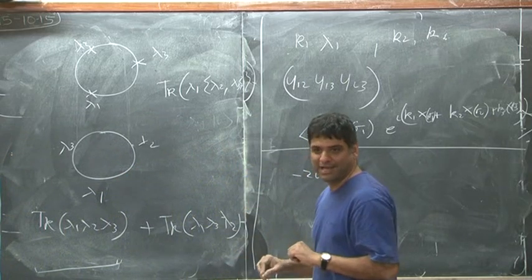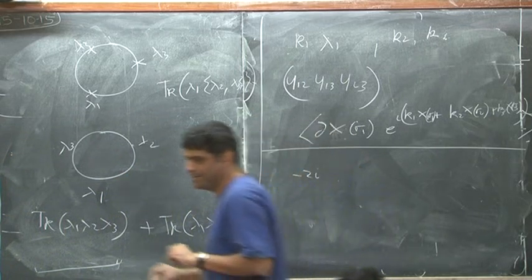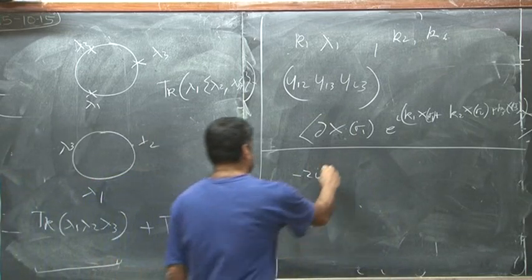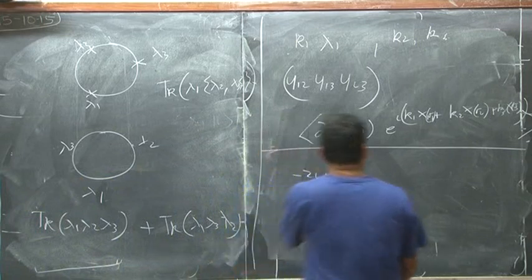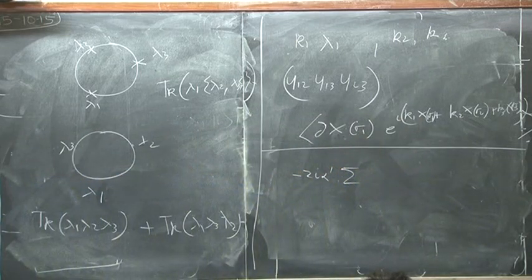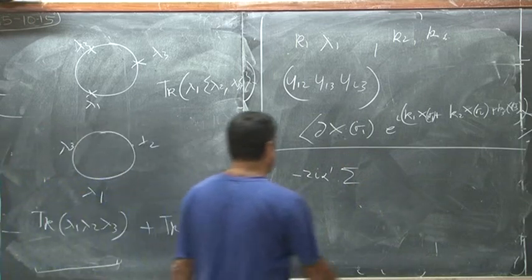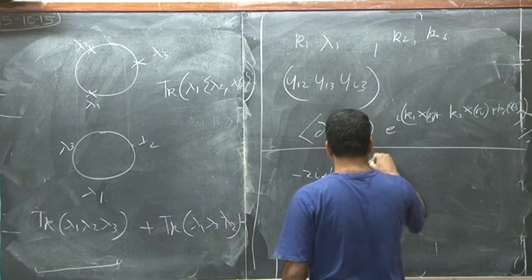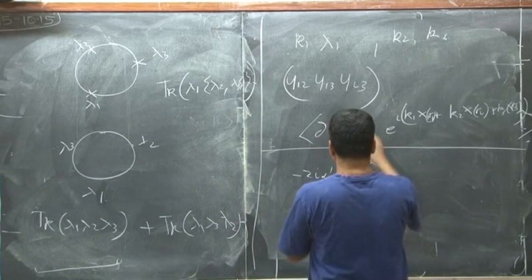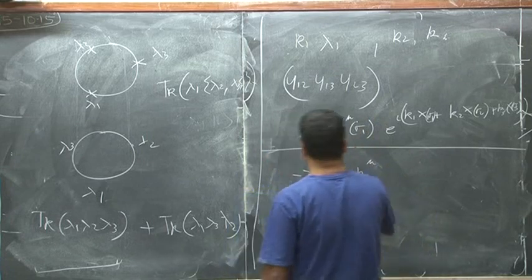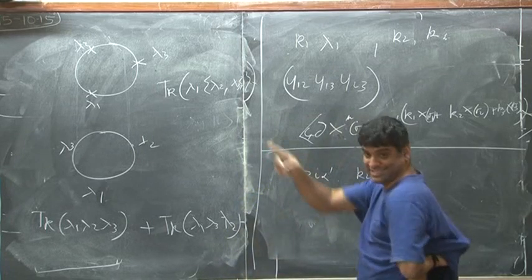So this guy is just replaced by minus 2i. Somebody will have to help me. Was there alpha prime or pi alpha prime? Pi alpha prime. It was some k_i, so I'll just write it out. K2 mu. This is del of x mu. And let's say that there is a C, keeping track of the polarization.